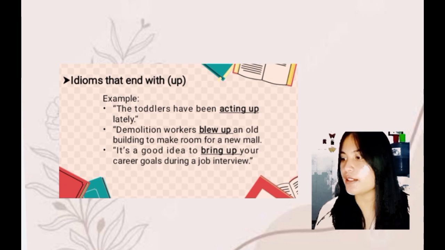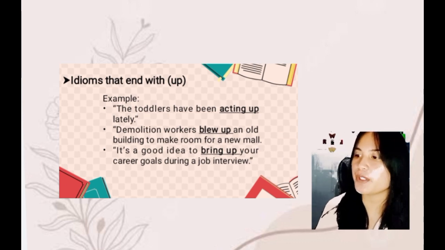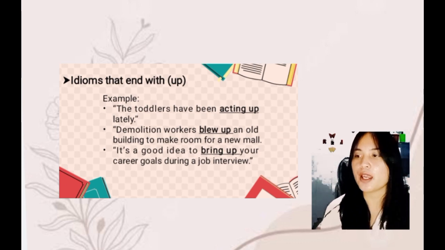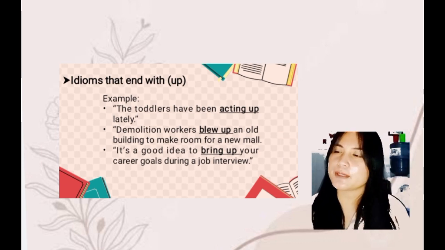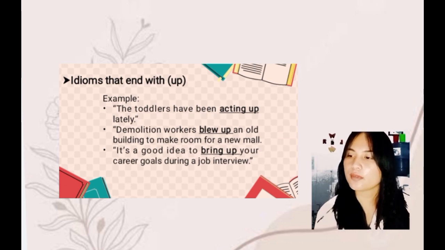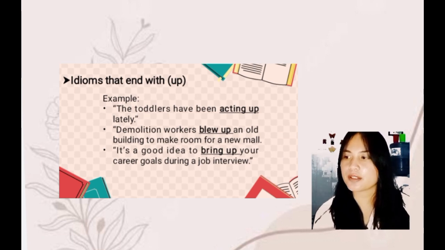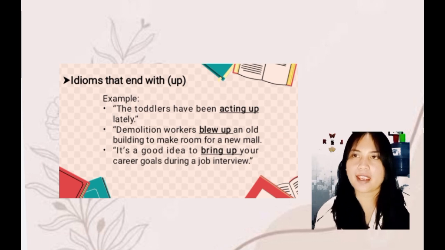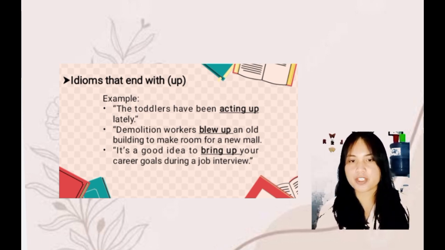So it is a good idea to bring up your career goals during a job interview. So the preposition idiom located in the middle of a sentence is bring up. Bring is the idiom and up is the preposition.